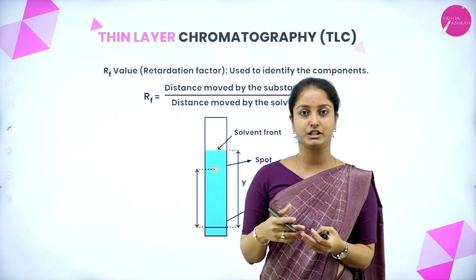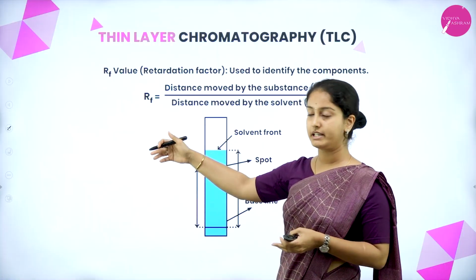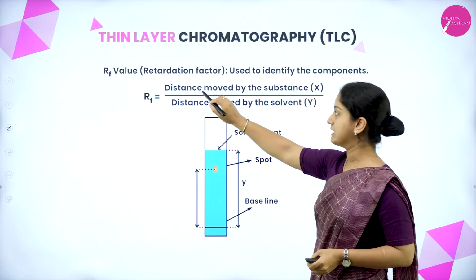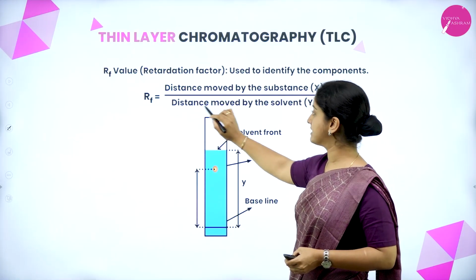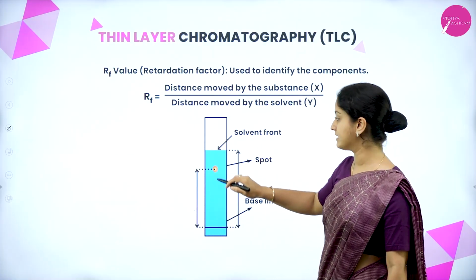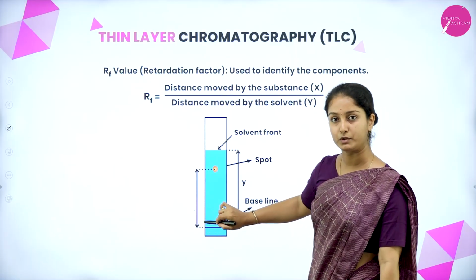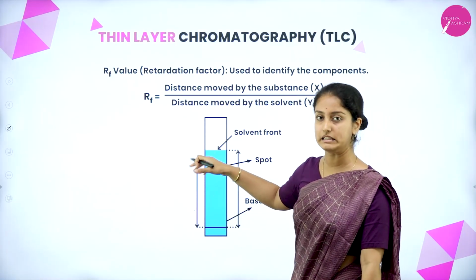So there is a retardation factor which is used to identify the components, which is given by an equation, that is retardation factor Rf is equal to distance moved by the substance X divided by distance moved by the solvent Y. So here in this picture, the distance moved by the substance is given by the distance starting from the 2 cm above the marked line to the spot that is clearly visible.